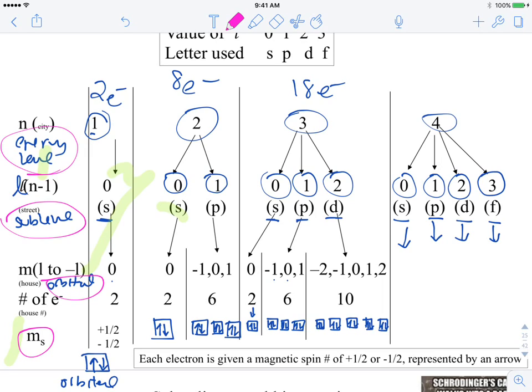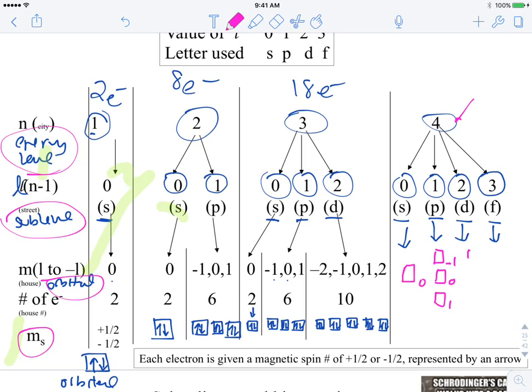So when I look at the fourth energy level, I have my energy level, number 4. I then have my sublevels, 0, 1, 2, and 3. I then have my orbitals. For S, the orbital can be plus or minus L, so that would just be 0. For P, it would be -1, 0, and 1.